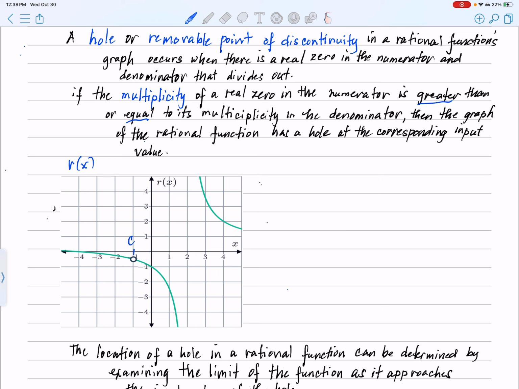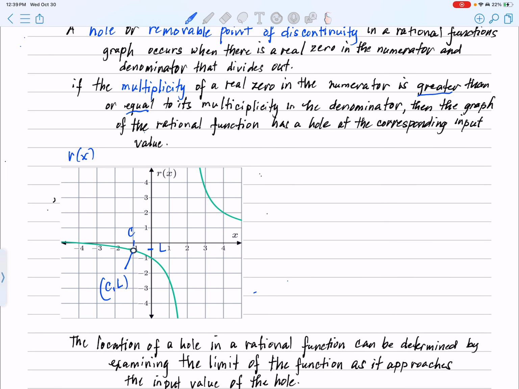If the input values just to the left and right of c correspond to output values very close to a specific number L, let's say we call this L, then the hole is located at the point with coordinates c and L. That is the meaning of that.